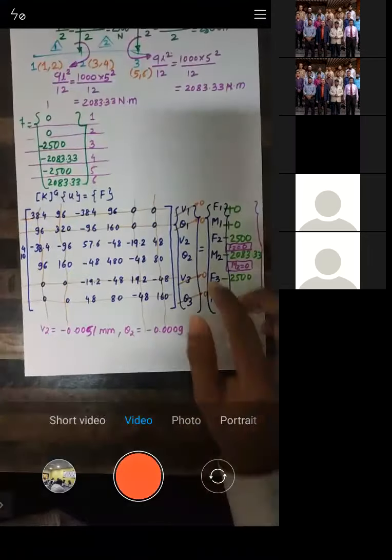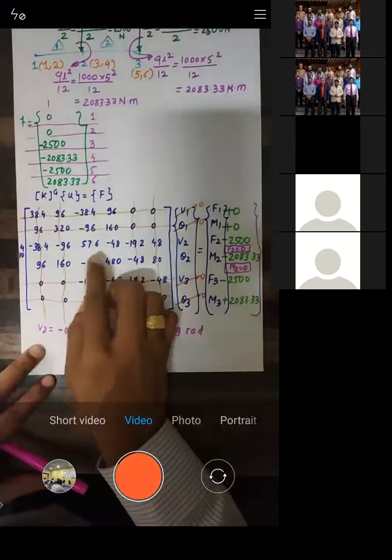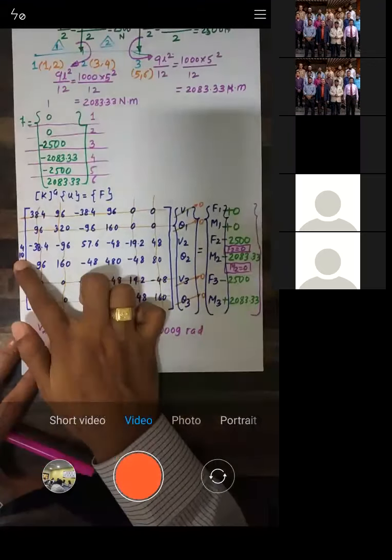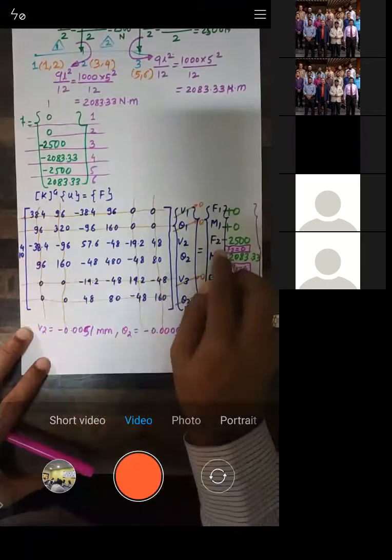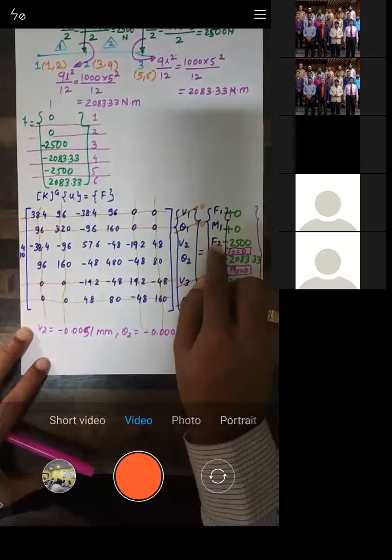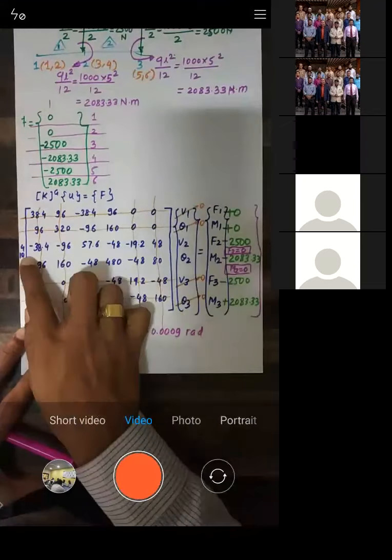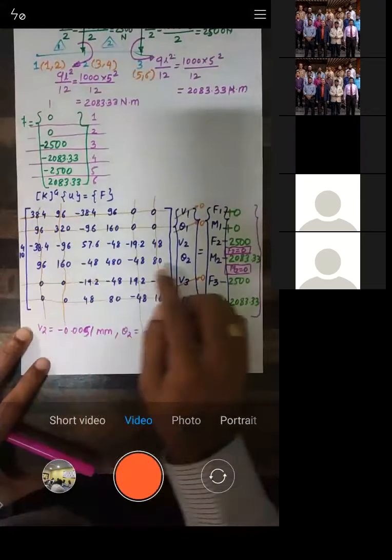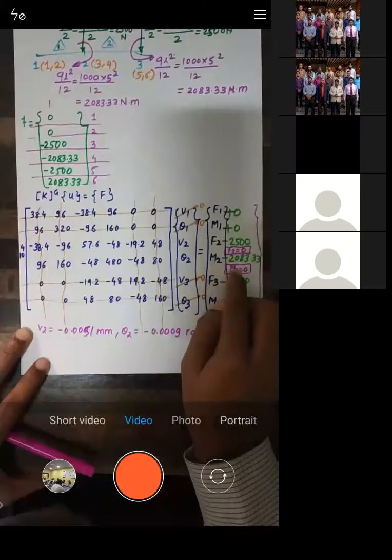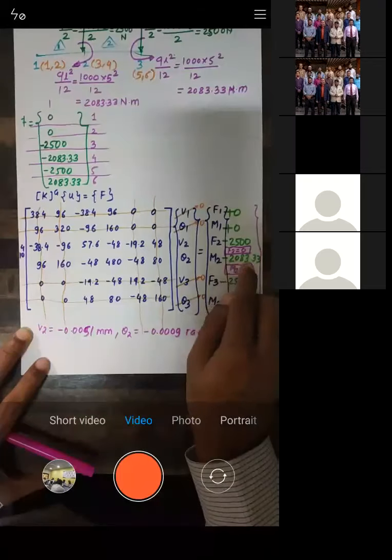Once we solve this in the calculator, you put 57.6 into 10 to the power 4, minus 48 into 10 to the power 4, and this value you put as F2 is 0, so it is minus 2500. Again, minus 48 into 10 to the power 4, 480 into 10 to the power 4, and this value you put as M2 is 0, so it is minus 2083.33.